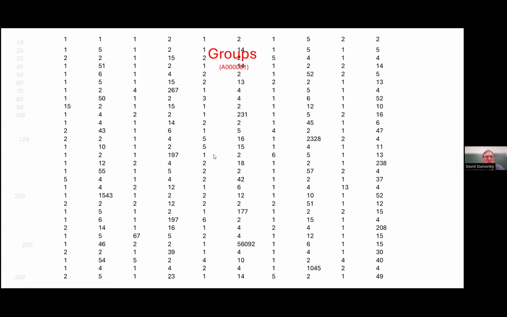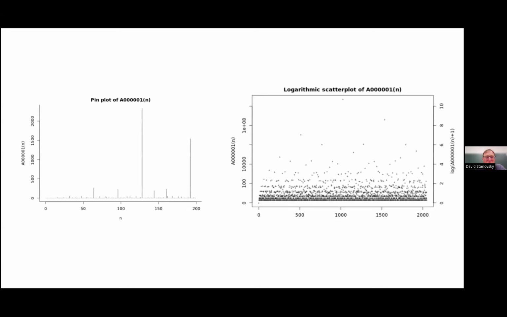If there are few prime divisors, then there are very often very few groups. But some of the numbers are pretty large. The largest in the table is this one, which is 228, 256.